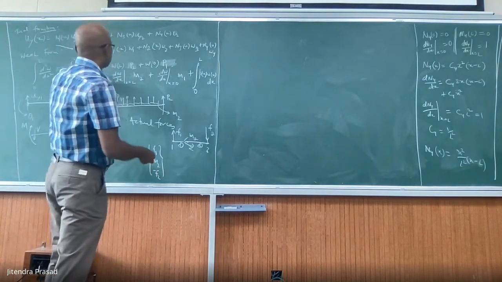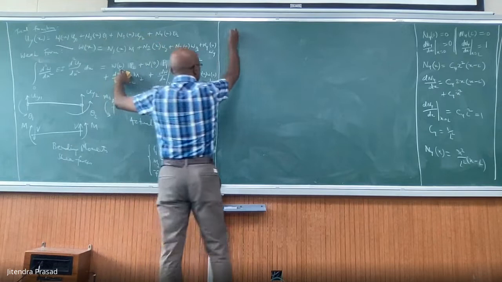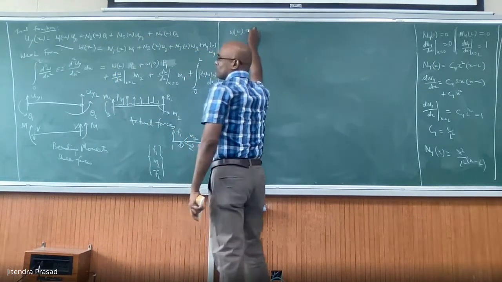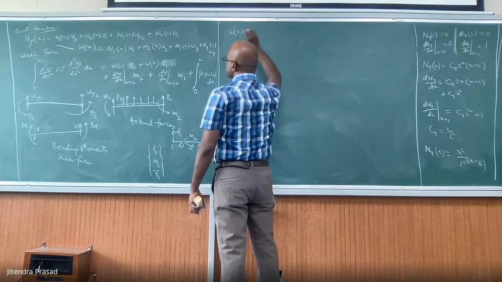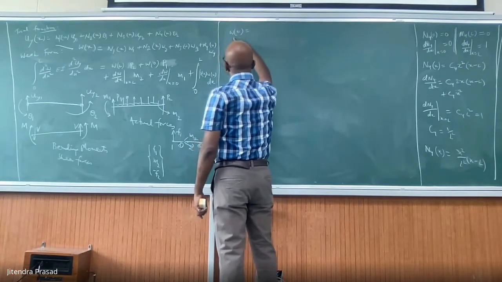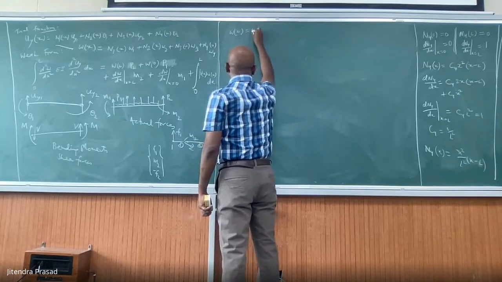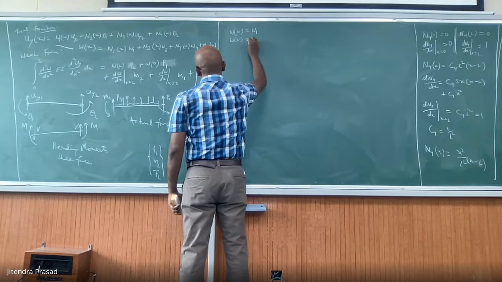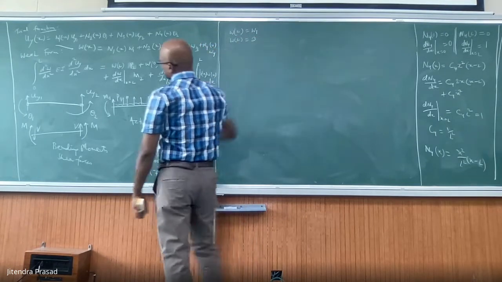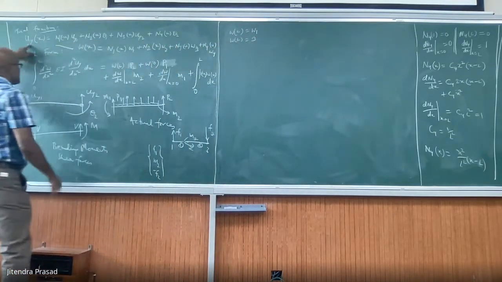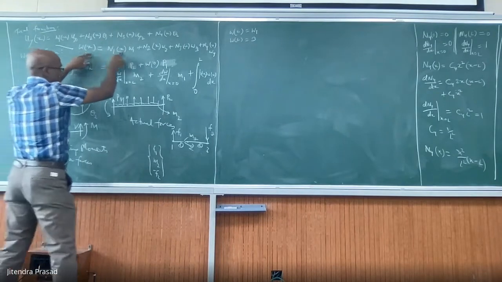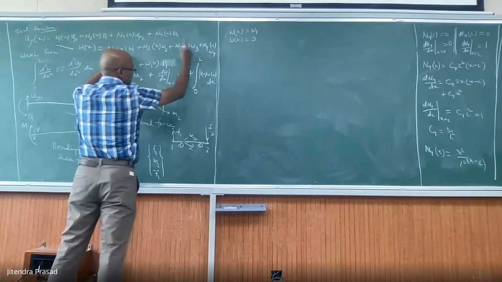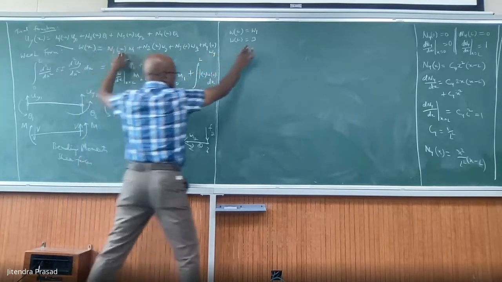So what does that really mean? W at 0 is equal to W1. W at L is equal to, if you put L, what happens? This is 0, this is 0, this is 1, this is 0. So you have W3.